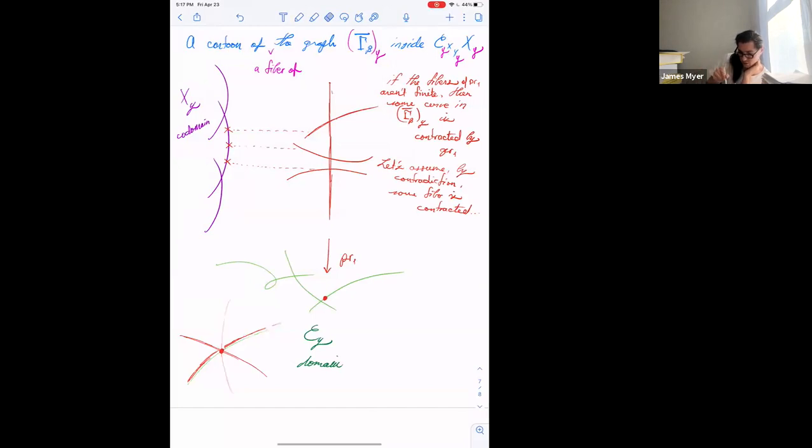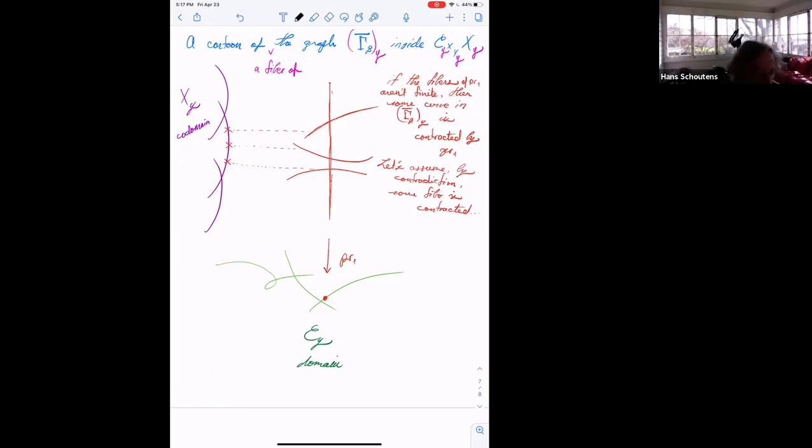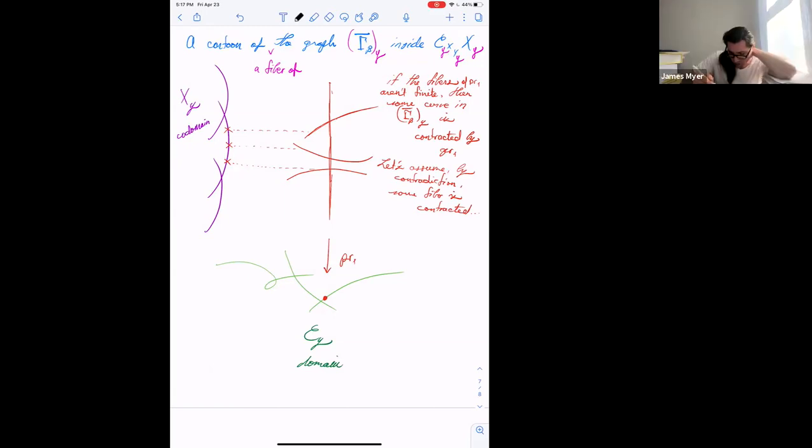Let me step away from this for a second and keep going in the way that I was going to do it, and then you'll see. Not only would we have to have marked points on each irreducible component, but we would have wanted to make sure that those markings got sent to markings on each of these irreducible components.